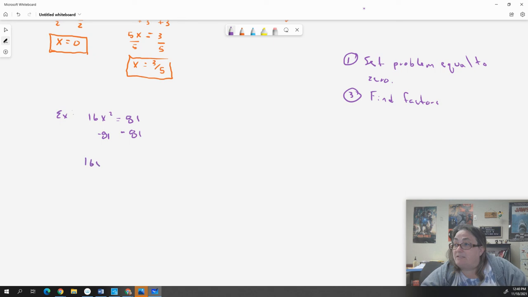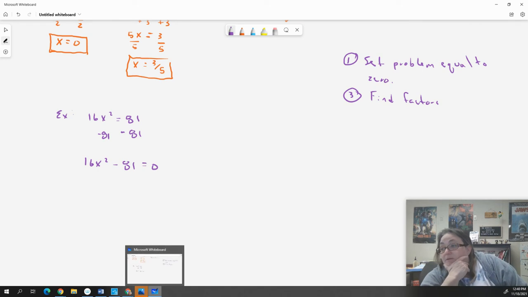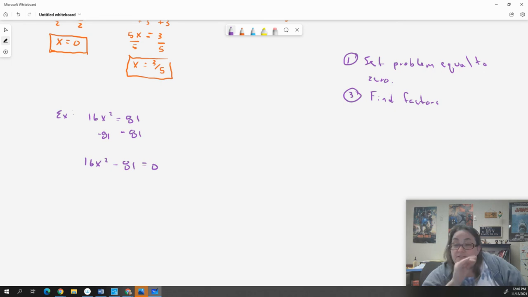So now I have 16x squared minus 81 equals 0. Now, we haven't done solving by square roots yet. But we have done difference of squares, right?